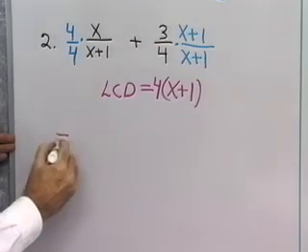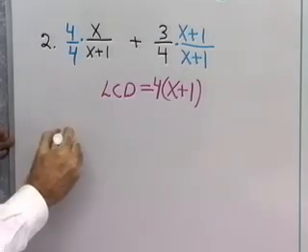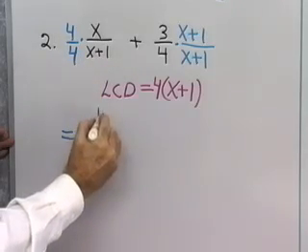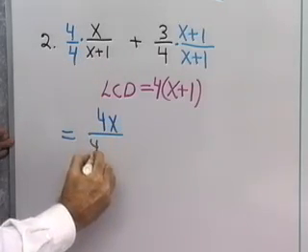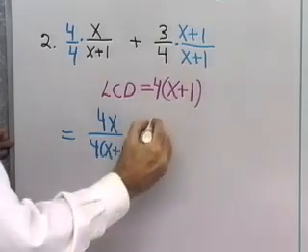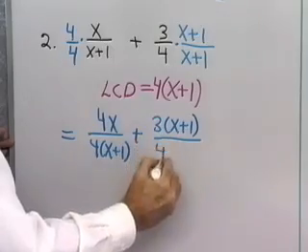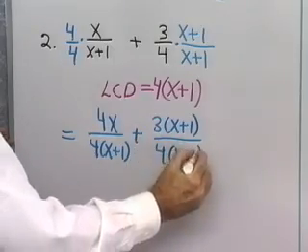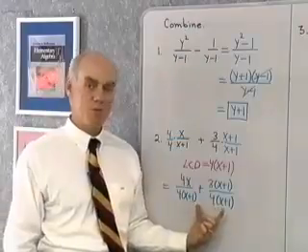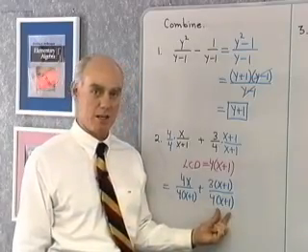Now, here's the result of doing this. This becomes the fraction 4x over 4 times x plus 1, and this becomes the fraction 3 times the quantity x plus 1 over 4 times x plus 1. It's the same addition problem that I had previously, it's just that now the two denominators are exactly the same.